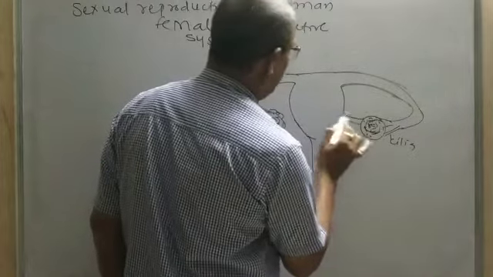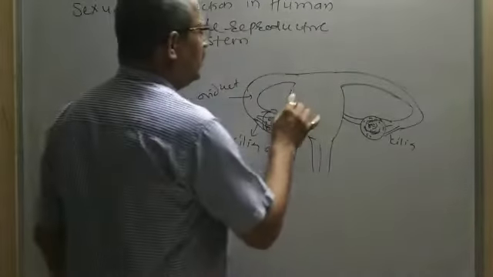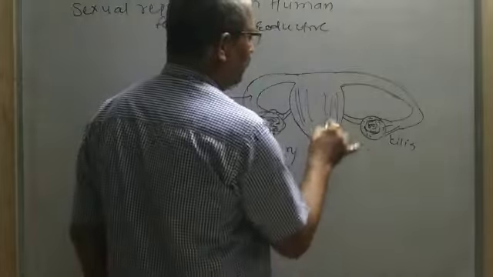Here is one hollow tube which is joined to the uterus. This is the part of the uterus.